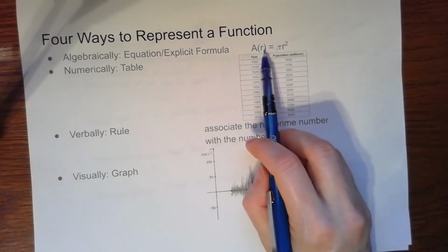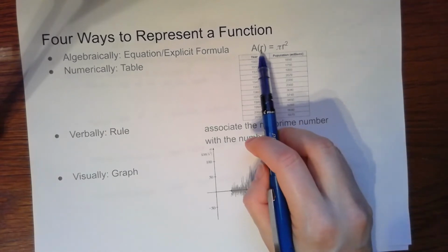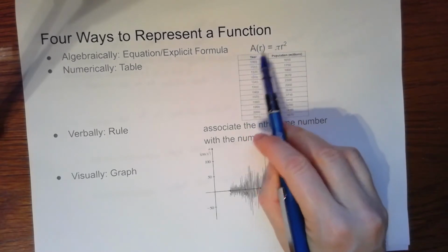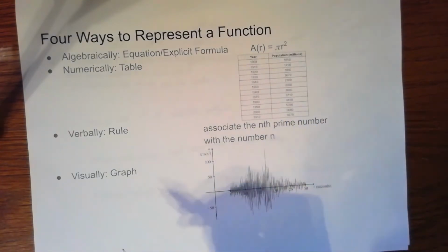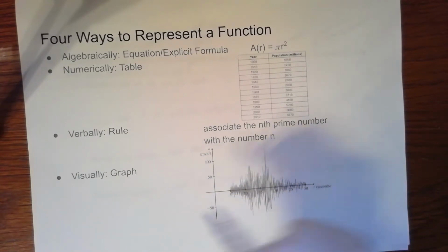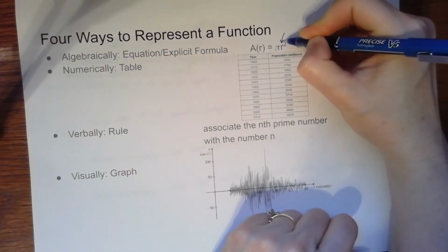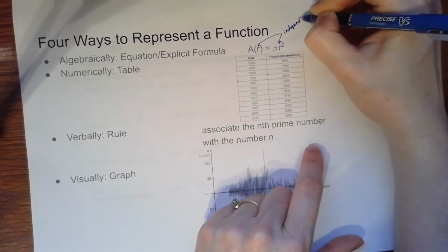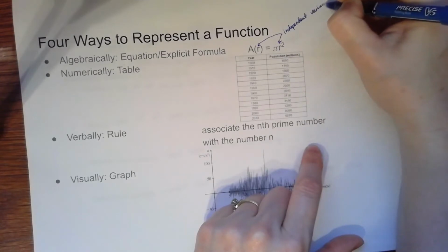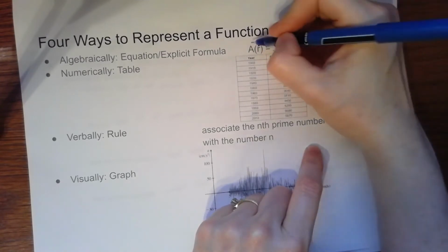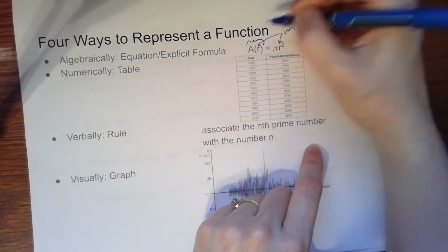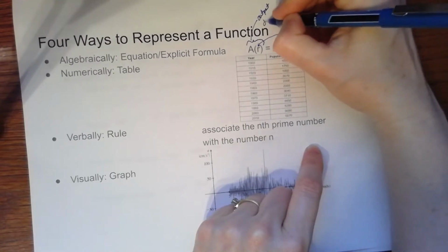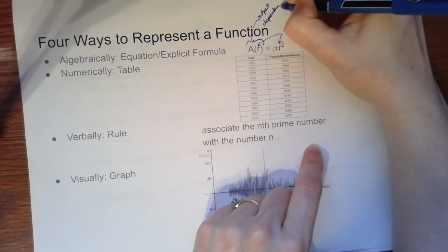That's the thing that changes, the radius, and based on whatever the radius is, the function value will change when we give it a new radius value. So this r is our independent variable, and this whole value right here is the output, or the dependent value.